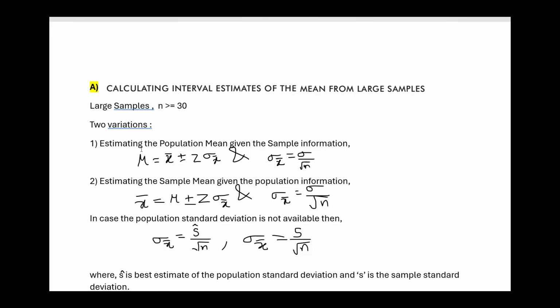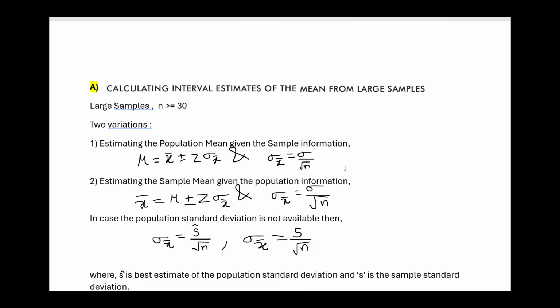When we are estimating the population mean, our formula will be mu equal to x bar plus or minus z times sigma x bar. It is actually the formula for z which we have learnt earlier, rearranged. Sigma x bar is nothing but sigma upon root n.